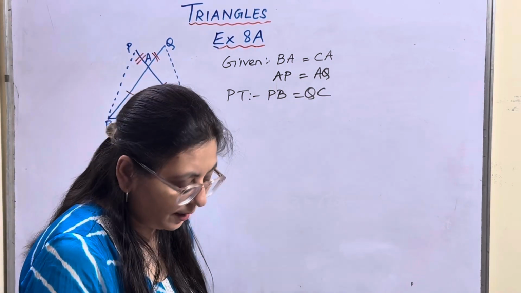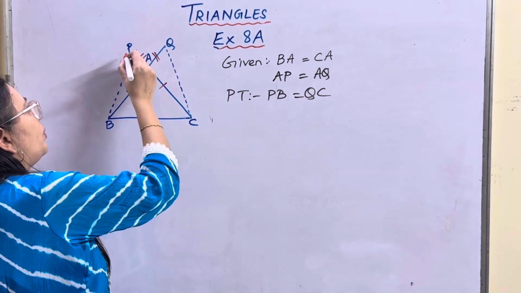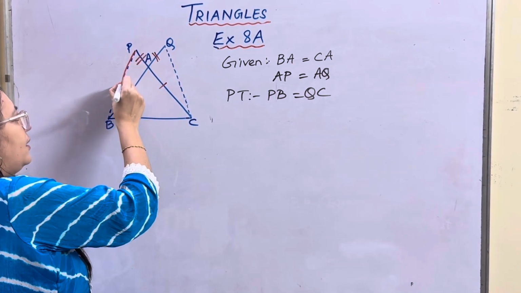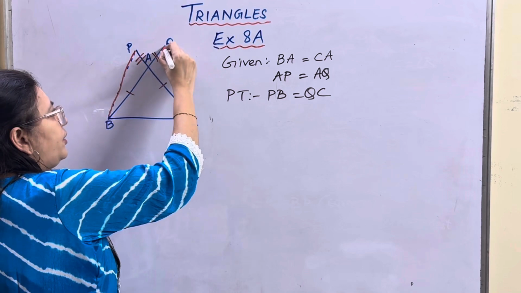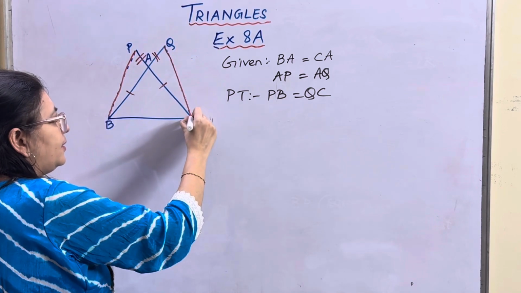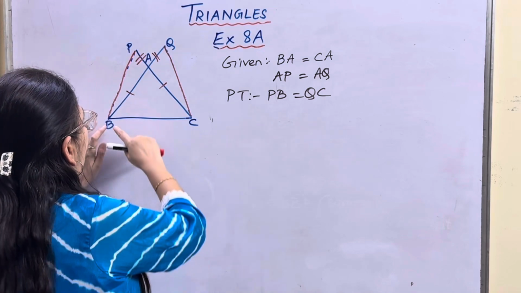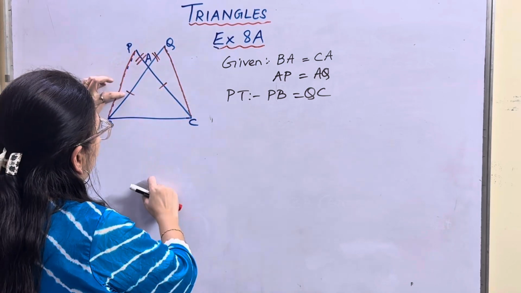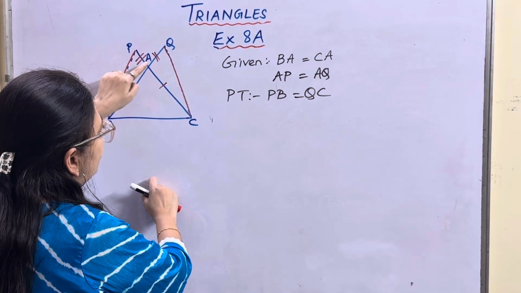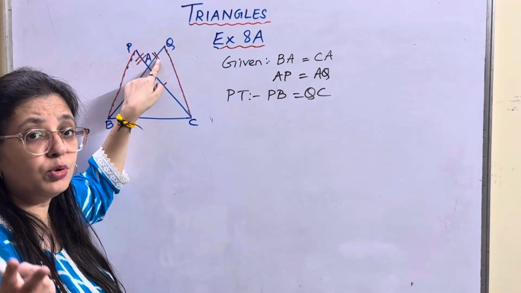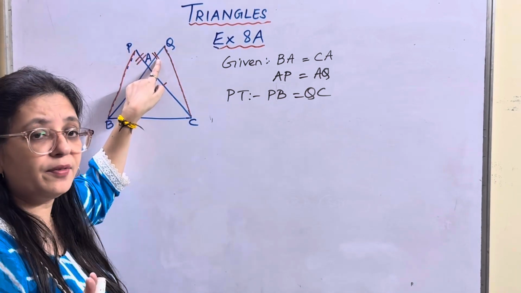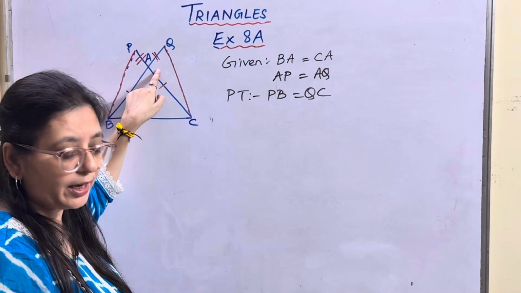First, let's understand what you have to prove. You have to prove that this side is equal to this side. Correct? Now, which triangle will you take? If you take this triangle, this side is equal to this side, this side is equal to this side. So two conditions are already given. So you can take these two triangles.